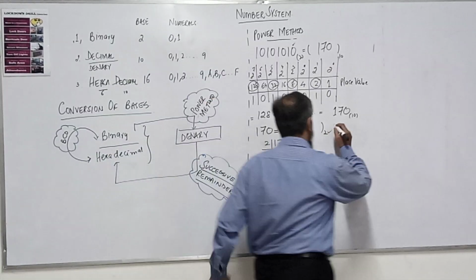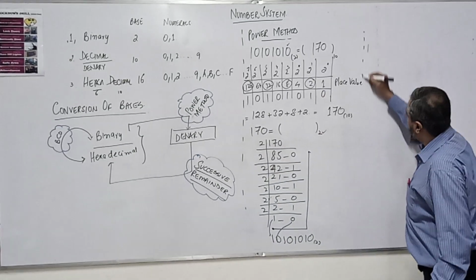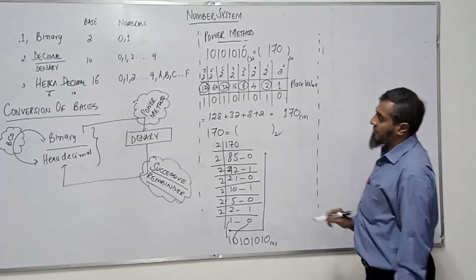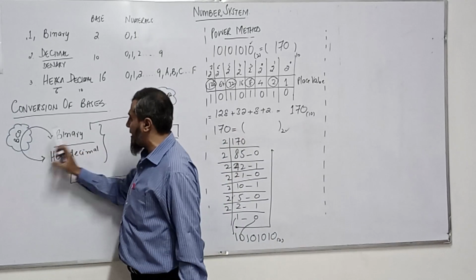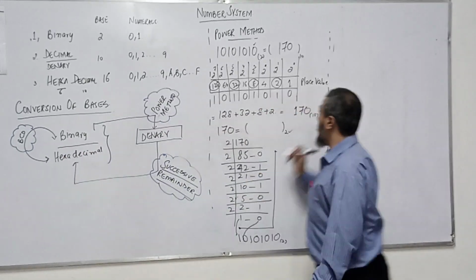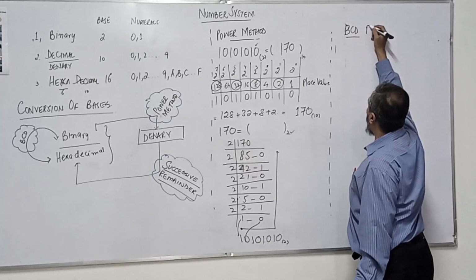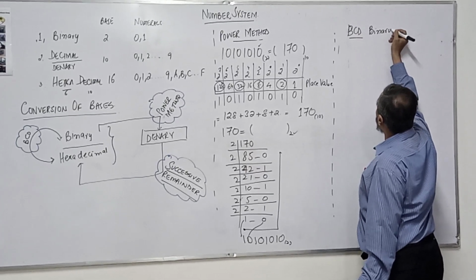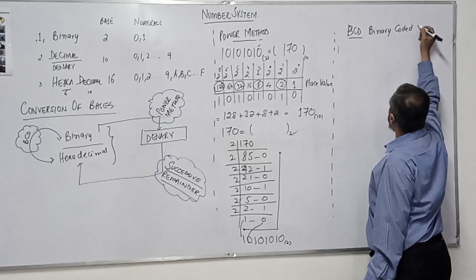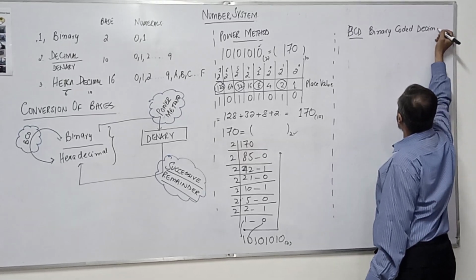Now the next is the BCD method. For example, you are given a value in binary and you want to convert it to hexa. So what is BCD? BCD is binary coded decimal.